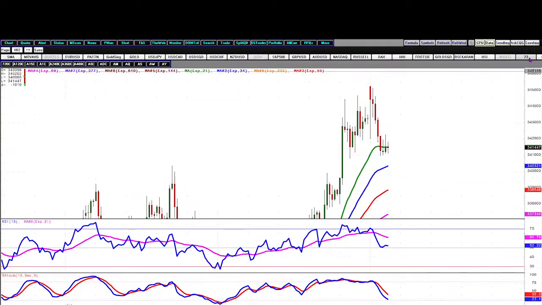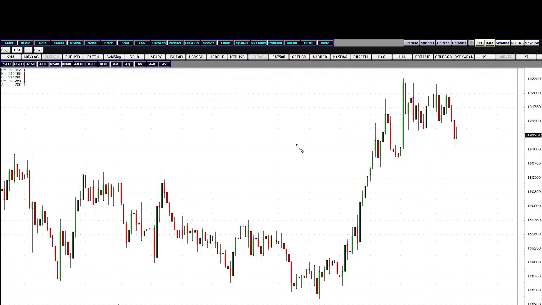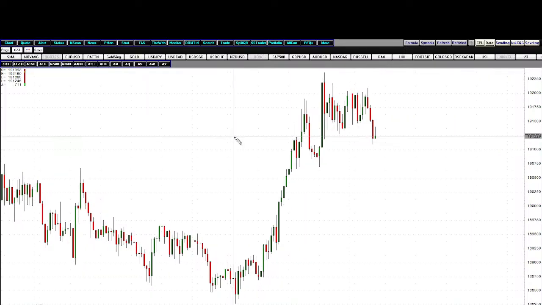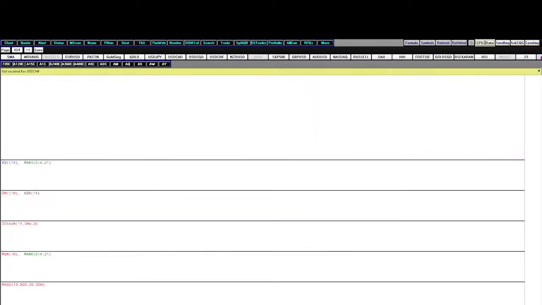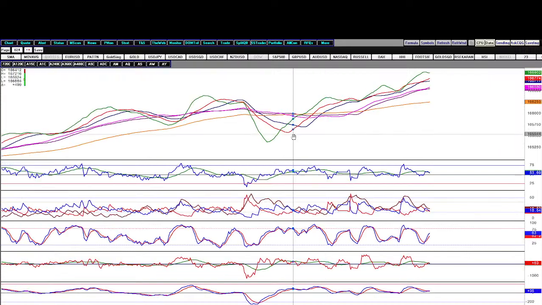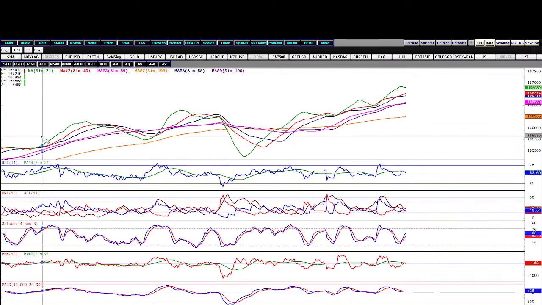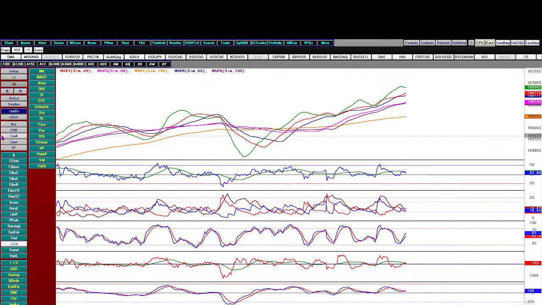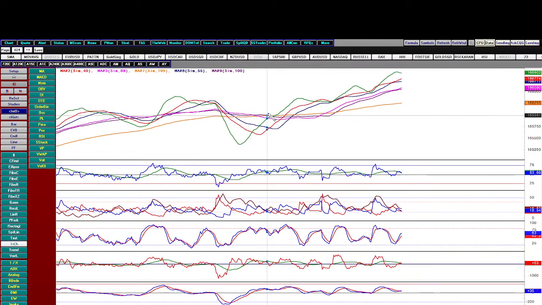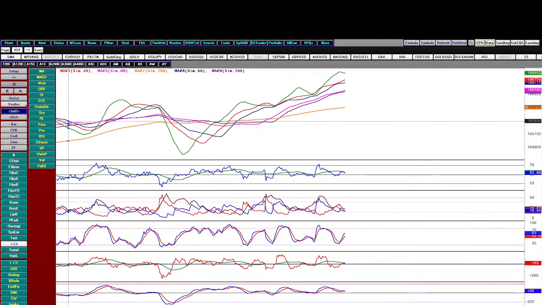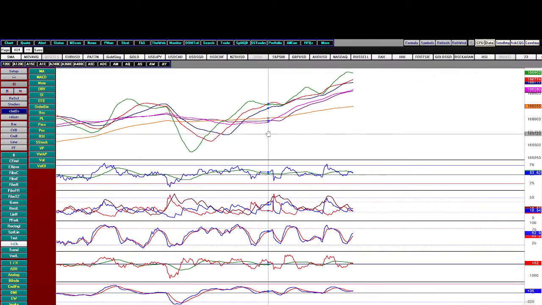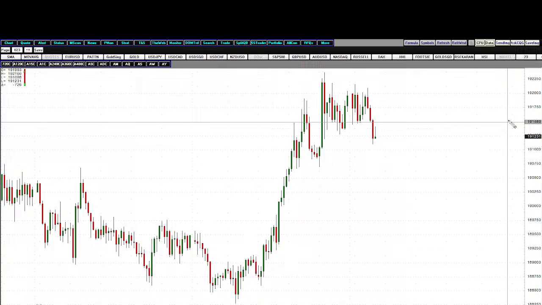So when we come into trade, we look for, okay, hold on, CQG euro yen. Okay, this chart doesn't look good.